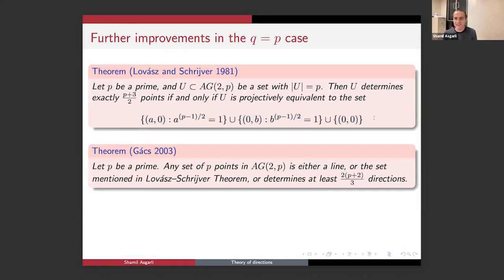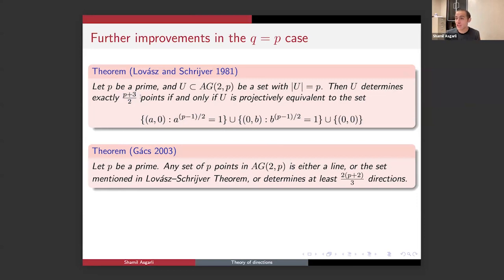So basically, if you are a line, then it determines one direction. If you are this set, or a set that's projectively equivalent to this set, then the set determines exactly (p plus 3) over 2 directions.